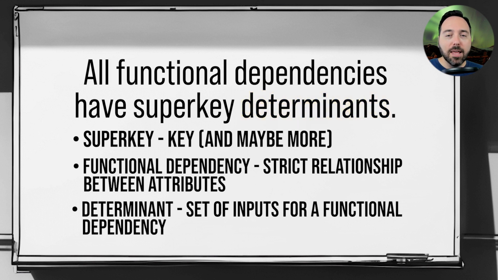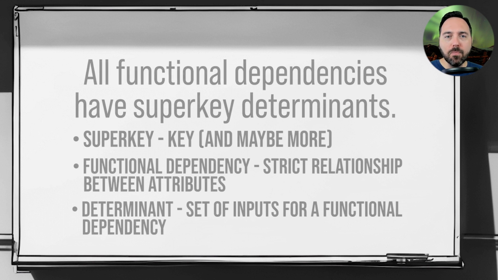In other words, if we have a functional dependency in our relvar, the inputs for that functional dependency, that is, the determinant, must include all attributes in a unique key for that relvar. If we satisfy this condition, our relvar is in Boyce-Codd Normal Form and is guaranteed to suffer from none of the anomalies we've described.